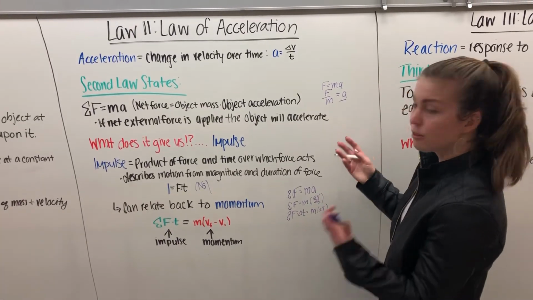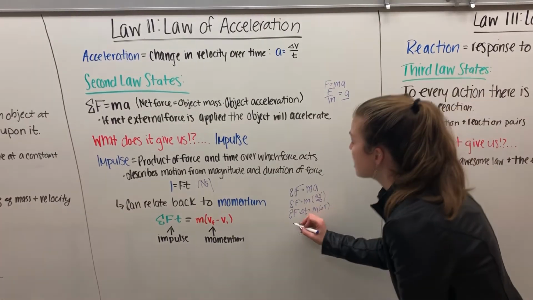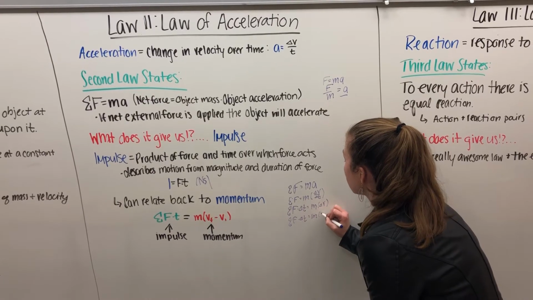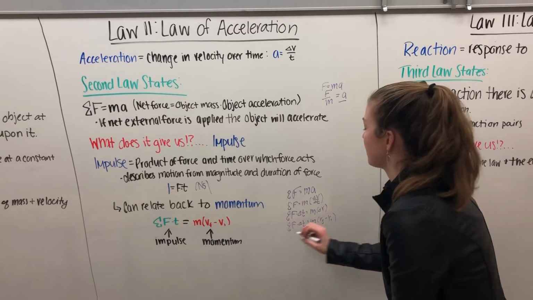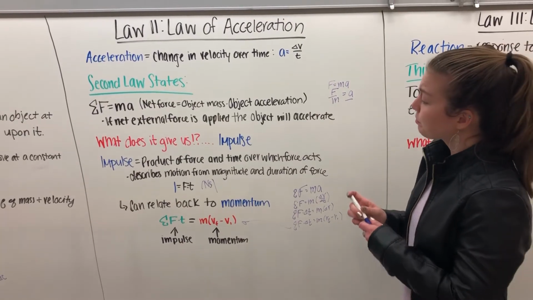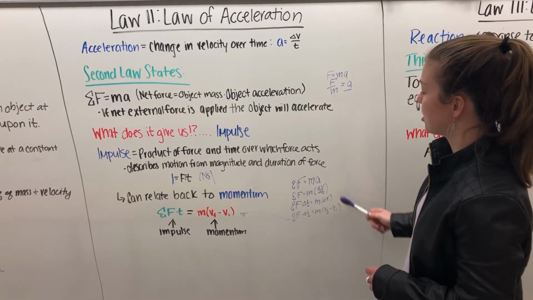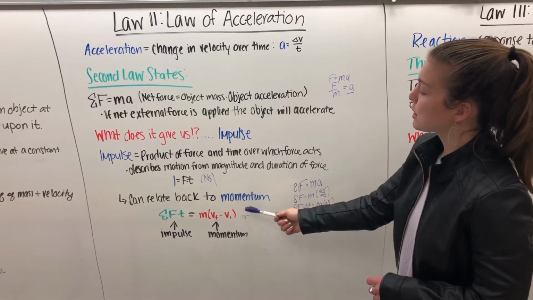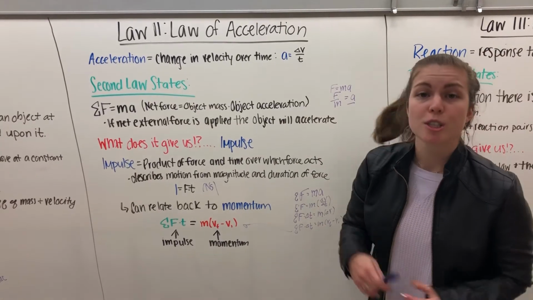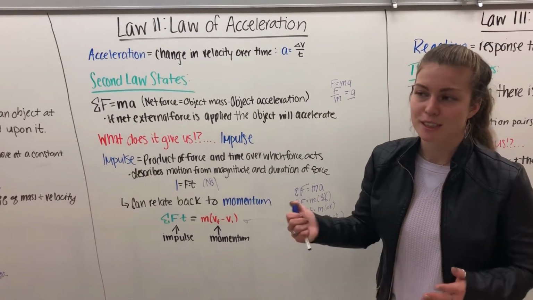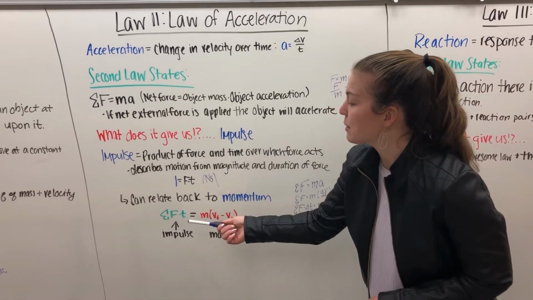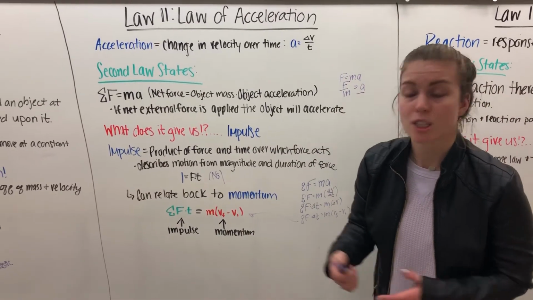And as we should all know, delta v is essentially the final velocity minus the initial velocity. And that gives us that equation. So, just to recap that really fast, this is just a rewriting of Newton's second law and explains the correlation between momentum and impulse, which is super beneficial in everyday life because, for example, it's how airbags work. We know that because we have more time based off of an airbag, our force will be diminished, which is great.